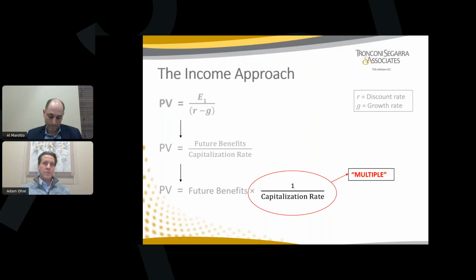Yeah, and I think even if you have a mature, steady company, there's times where the capitalization of benefit method is not the best choice, right? If they're expanding into new product lines or new markets where revenues and costs in the future might be different, you might have to project those out to level that into the perpetuity. Right.